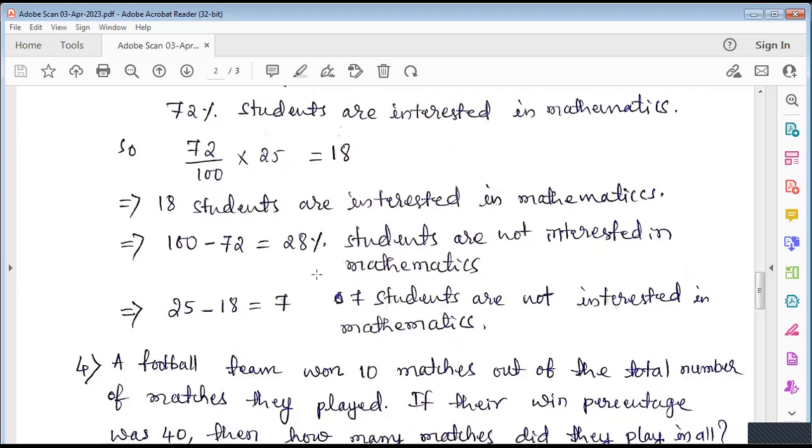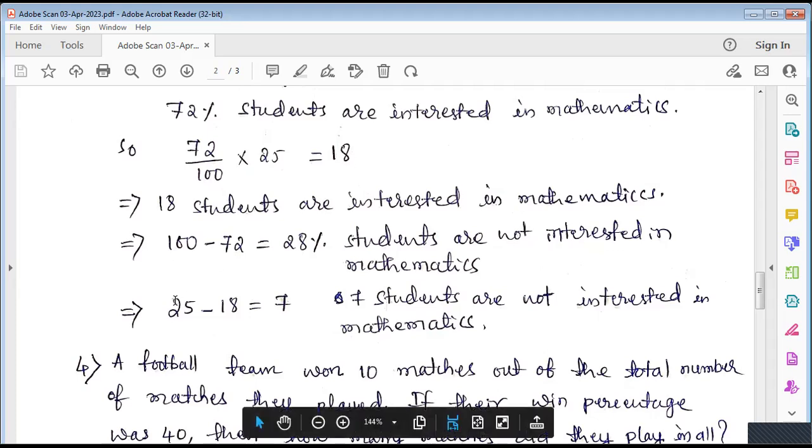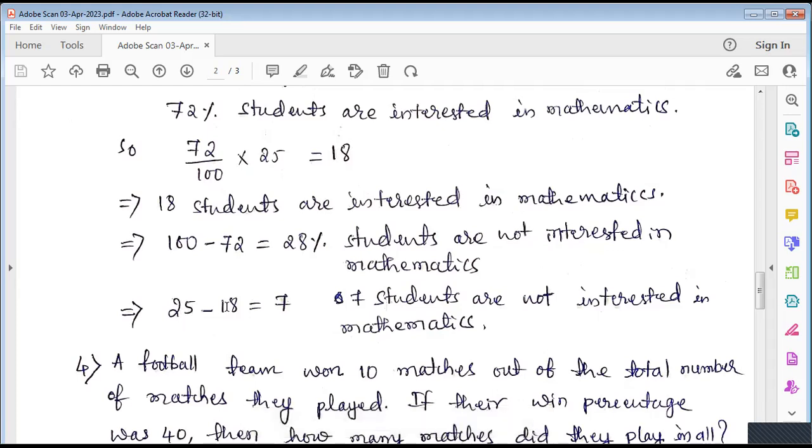We can make it 28% of 25, or we have already calculated the number of students interested in mathematics, that is 18, but the total number of students is 25. So from this total number of students, if you subtract this 18, the number of students who are interested in mathematics, you will get 7.